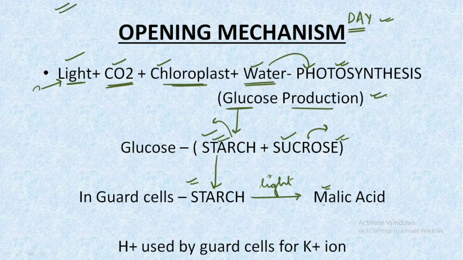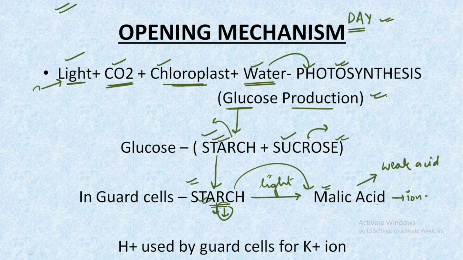As the starch gets converted into malic acid, there occurs a reduction in the concentration of the starch, and as malic acid is a weak acid, it gets broken down into the malate ion plus the H plus ions, and H plus ions act as the protons, as we have already studied.